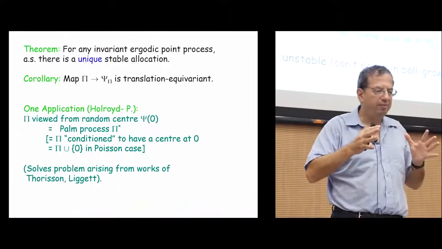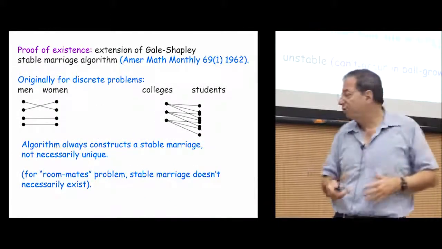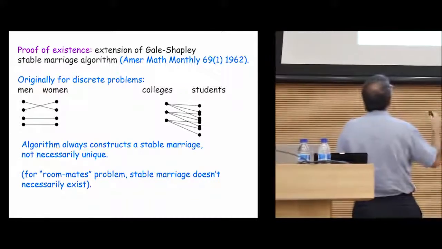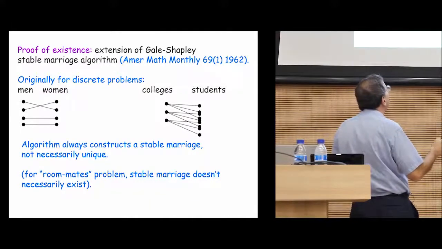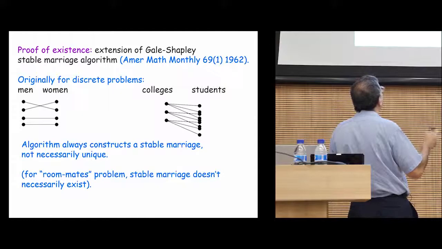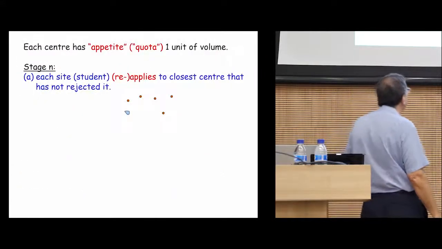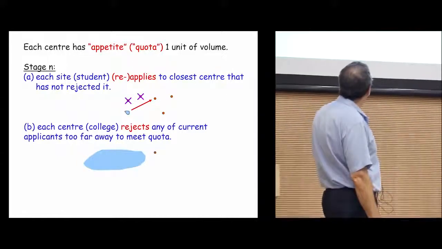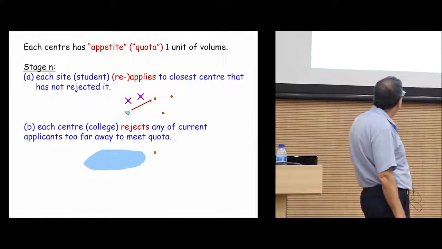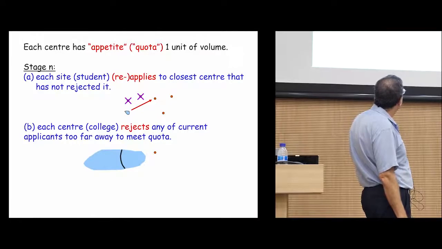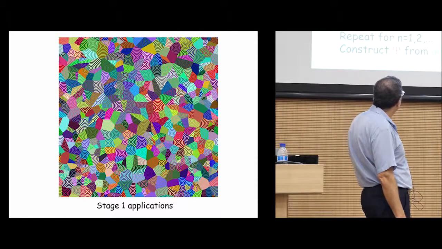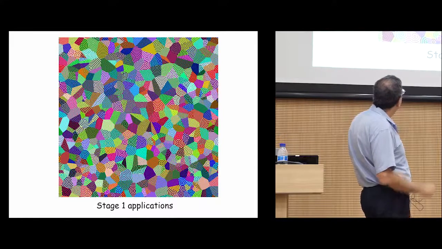So it's better to have a discrete procedure, and it turns out you can implement this, again the Gale-Shapley story between, let's say, men and women or colleges and students, and we can imitate their algorithm in this geometric setting. I won't go through it in detail, but this is the stage 1 applications.